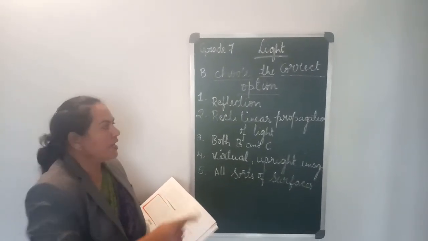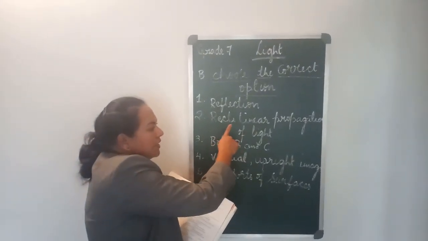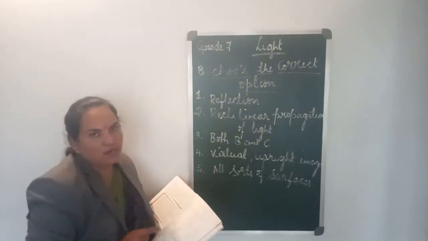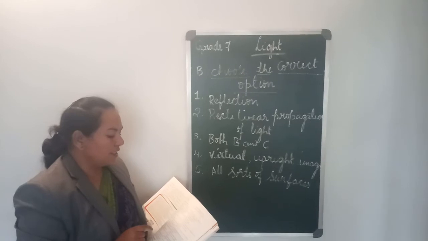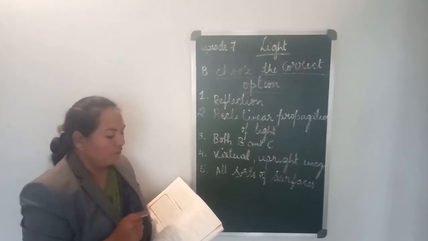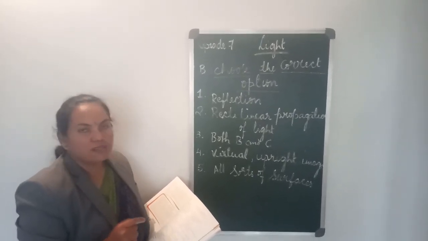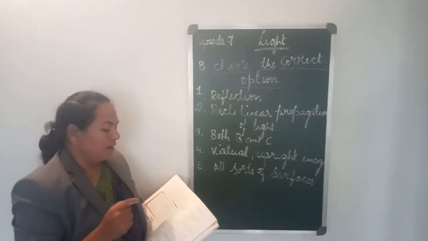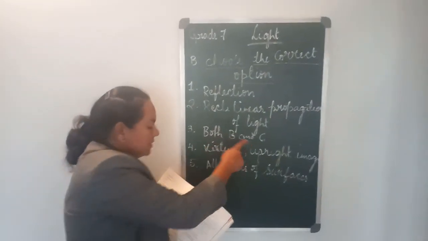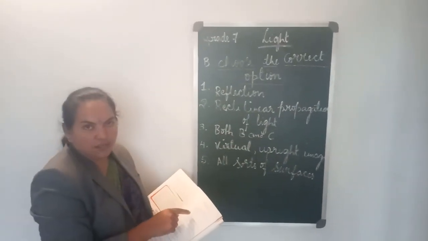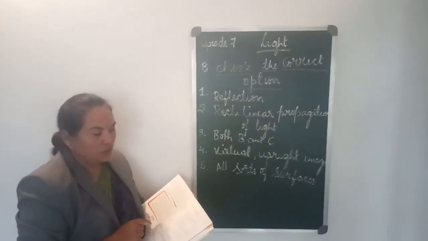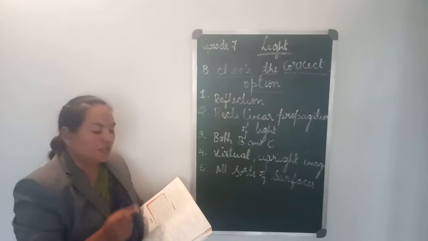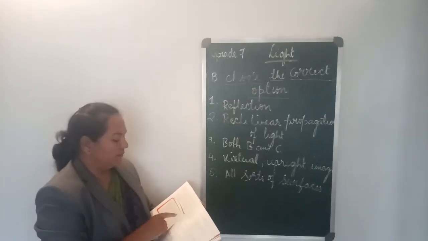The formation of shadow is due to rectilinear propagation of light. Next one is, what is the reflection from an irregular surface called? That is both B and C. What is B? That is diffuse reflection. What is C? Irregular reflection. Both irregular and diffuse reflection is the answer.